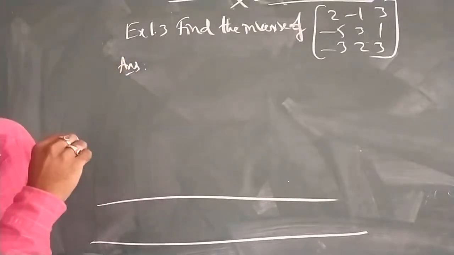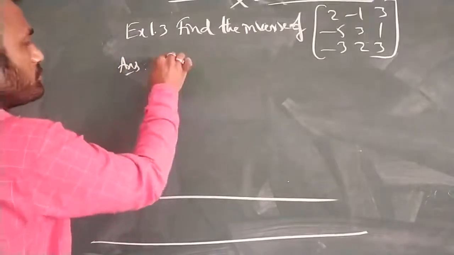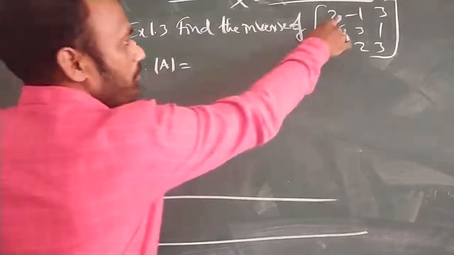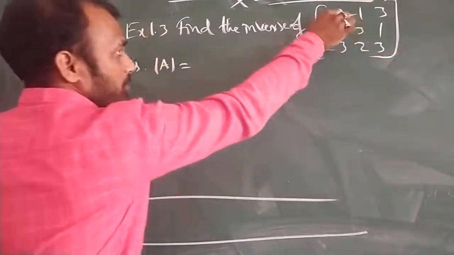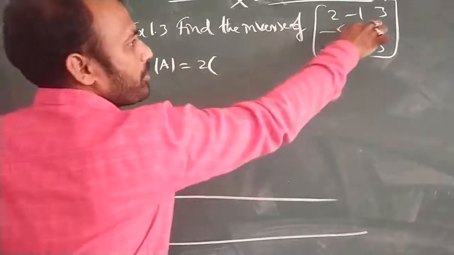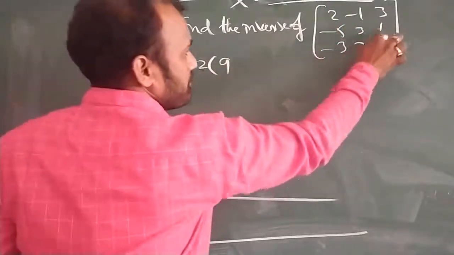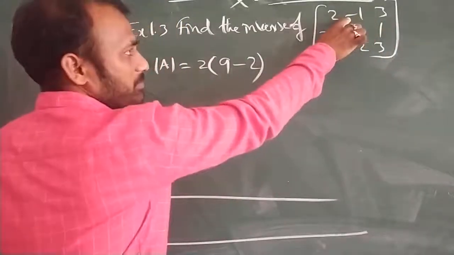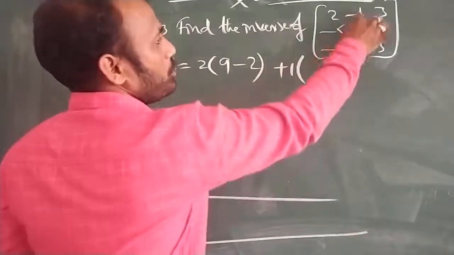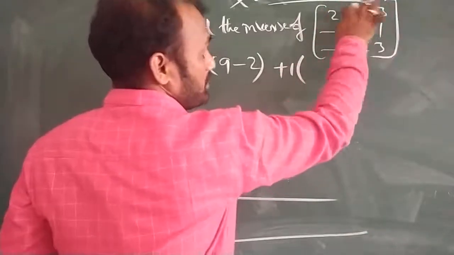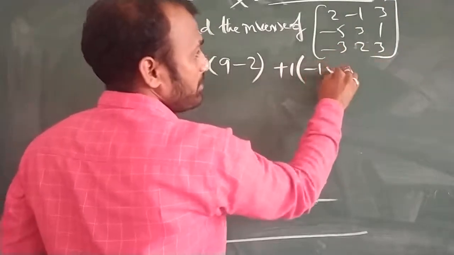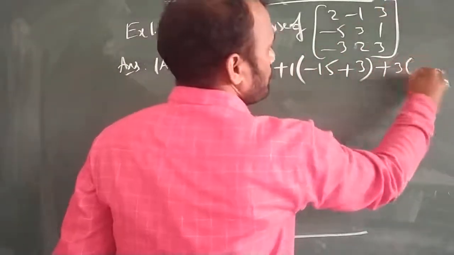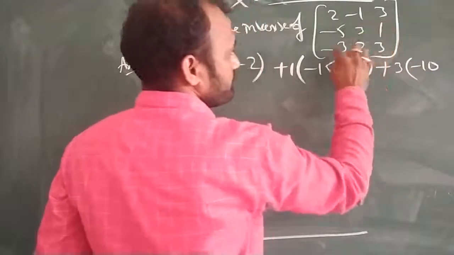So determinant of A, that is mod A. While you are finding the mod A value, only one row is enough. So 2 into (3 3s are 9 minus 2) minus, the symbol will change, then minus 1 into (-15 plus 3), and plus 3 into (-10 plus 9).